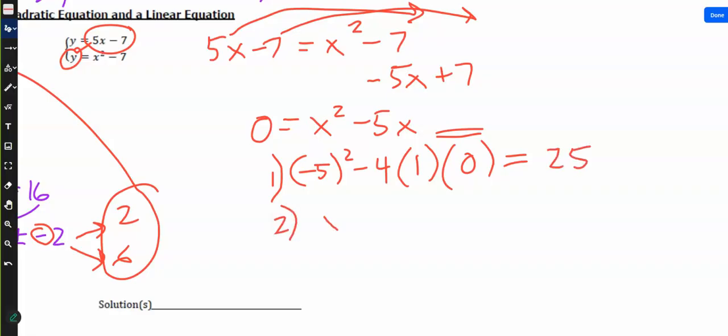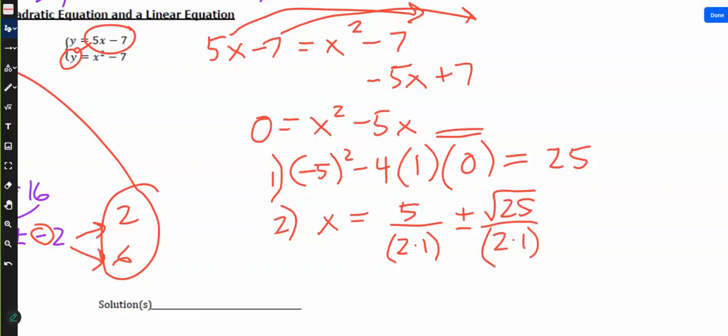And then the second part of the quadratic formula, x equals opposite of b. Well, the opposite of b would be 5 over 2 times 1 plus or minus square root of 25 over 2 times 1. Okay? So we get 5 for one of them, right?